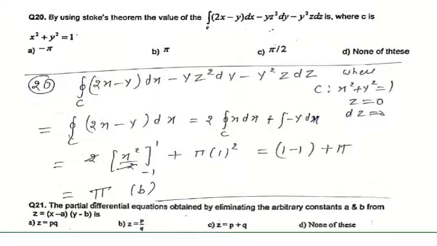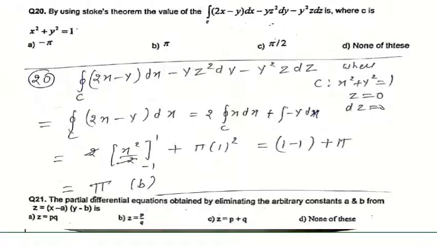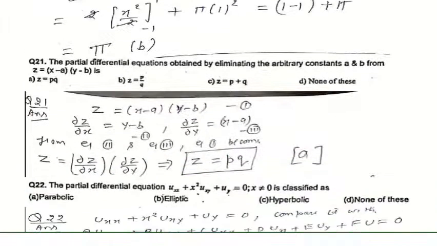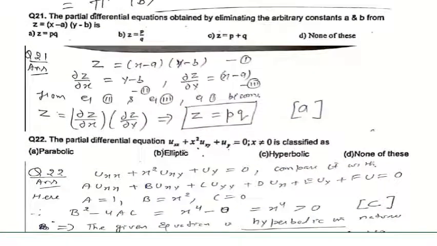Now next is question number 21. The partial differential equation obtained by eliminating the arbitrary constants a and b. This was there in your test also and your assignment also. So you have two arbitrary constants, you have to find two derivatives first.